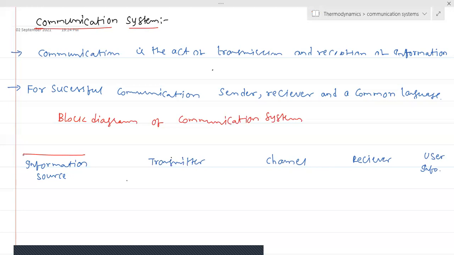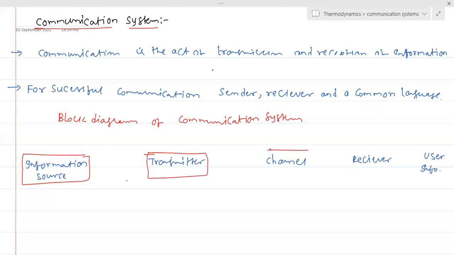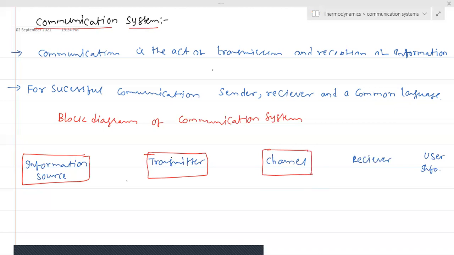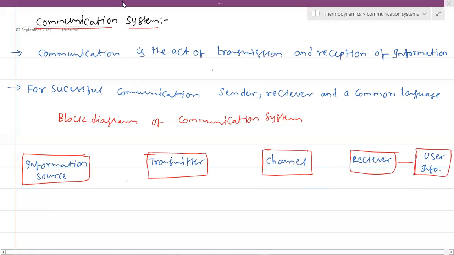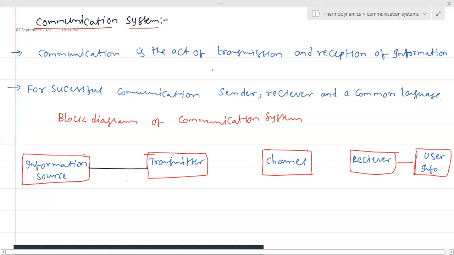We will take the different parts of the block diagram and see how they work and how they carry the information from the source to the receiver. First, from the information source, a message will be passed.